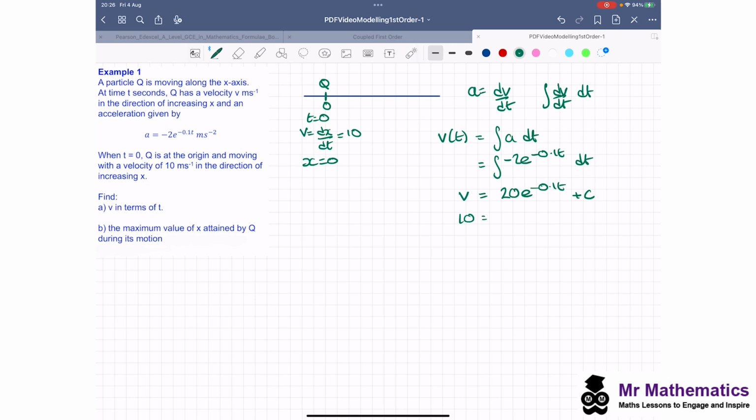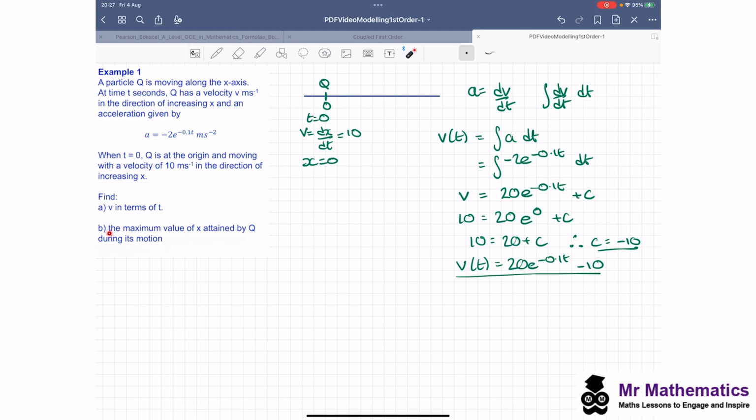So 10 will equal 20 times e to the 0, because 0.1 times 0 is 0, plus the constant. E to the 0 is 1, so 10 will equal 20 plus the constant, so therefore the constant will equal negative 10. And now we can substitute this value back into v. So the velocity as a function of time is 20e to the negative 0.1t minus 10.